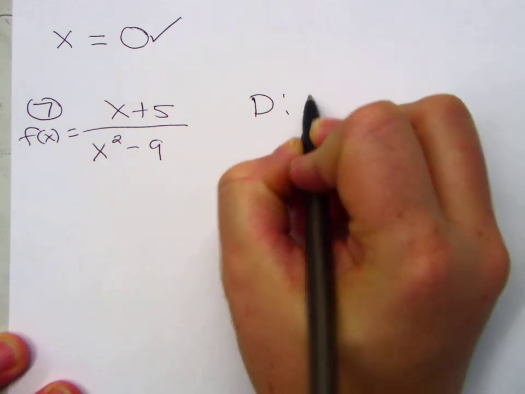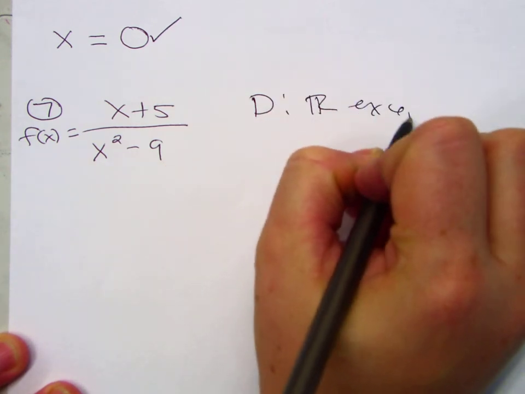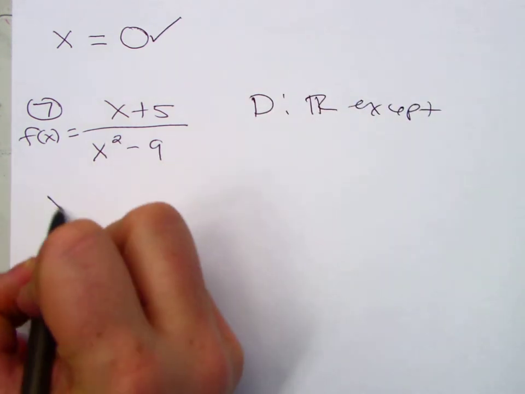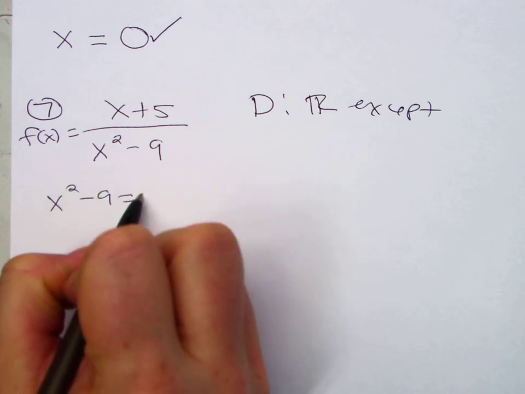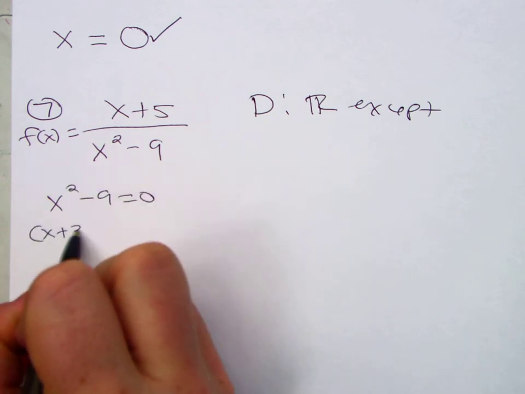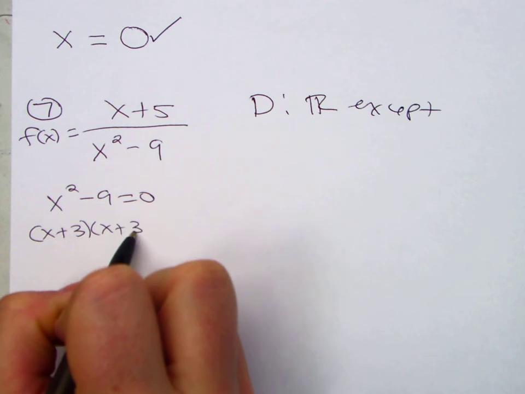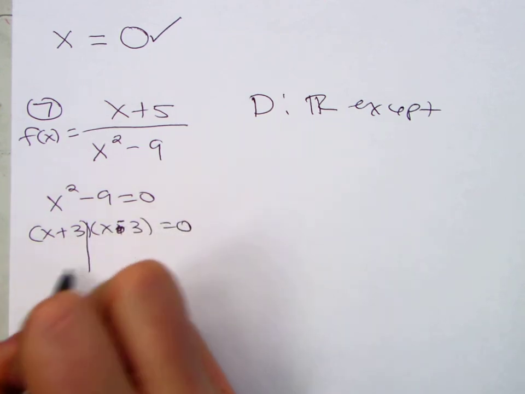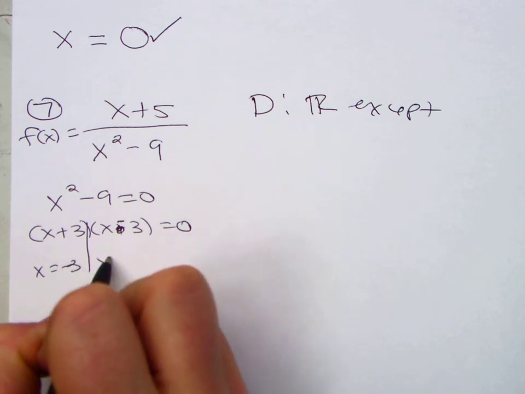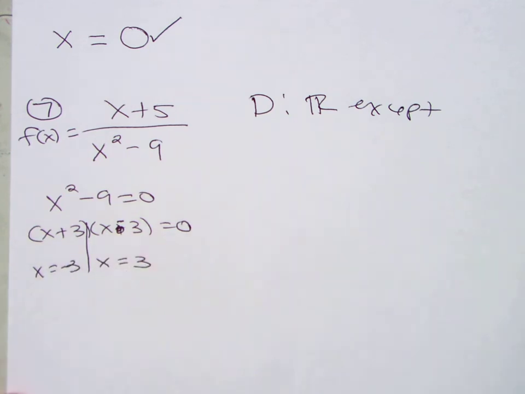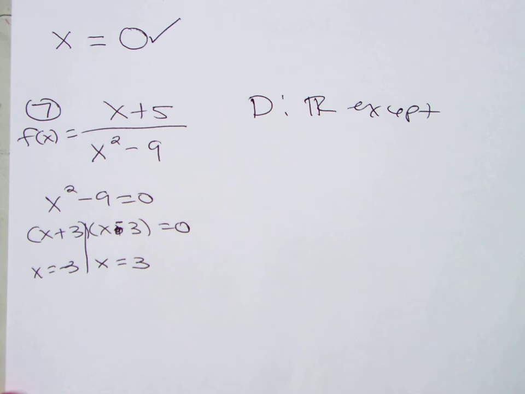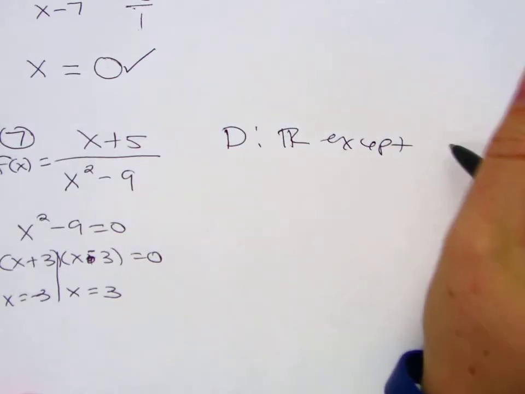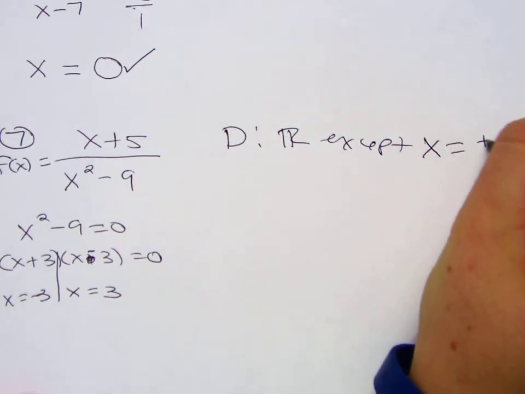Domain, all real numbers except, what do you get here? x squared minus 9 equals 0. It's a difference of two perfect squares. x equals negative 3, x equals 3. And I'm super lazy, so when I write this out, instead of x equals 3, x equals negative 3, x equals plus or minus 3.